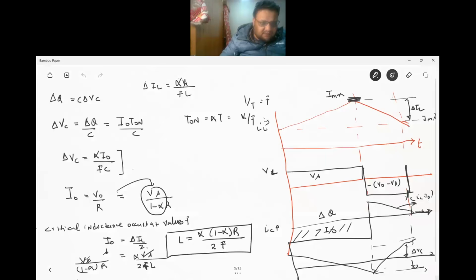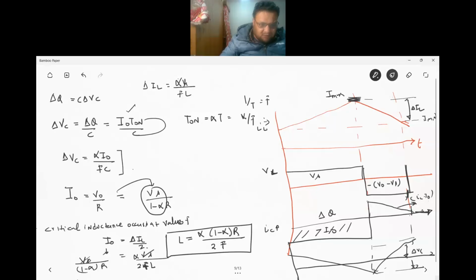Okay. Now for the charge, the same thing you do: C dVc. In this case, the charge would be equal to I into T, right? So I naught into T on, divided by C. Again, T on is equal to alpha T, or alpha by F, right?